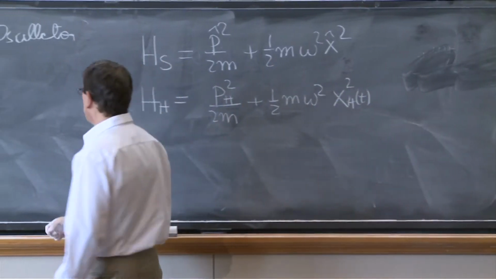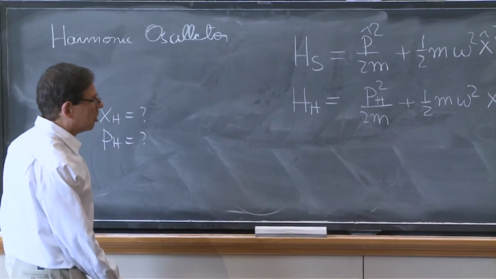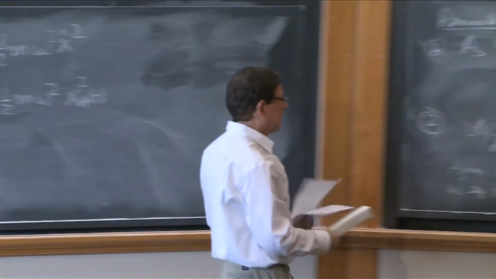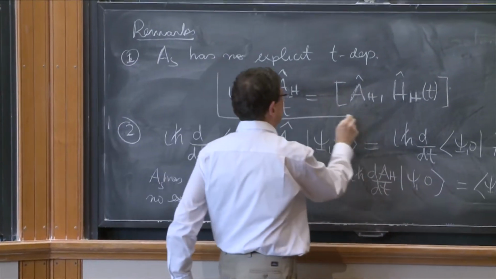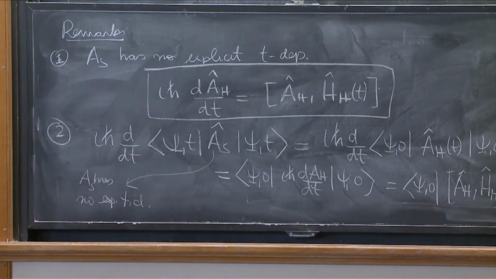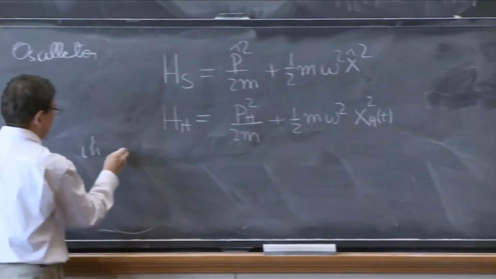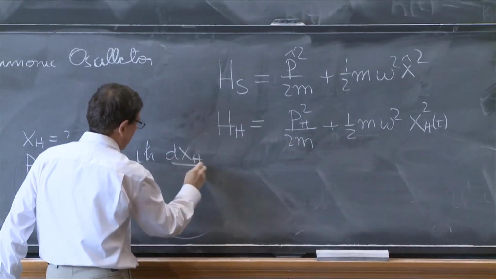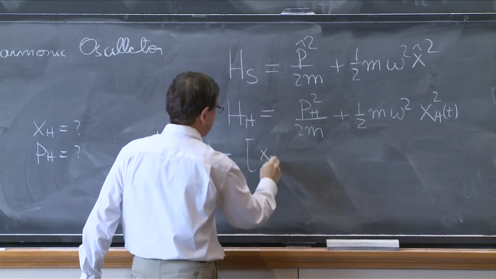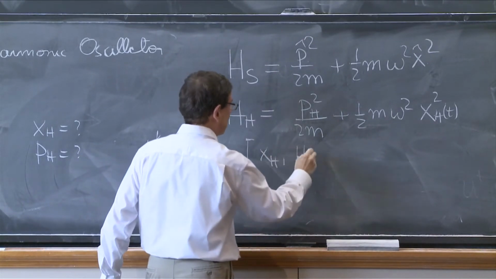So let's do it the way the equations of the Heisenberg operators tell you. Well, x and p are time-independent Schrödinger operators, so that equation that I boxed holds. So i hbar dx Heisenberg dt is nothing else than x Heisenberg commuted with H Heisenberg.